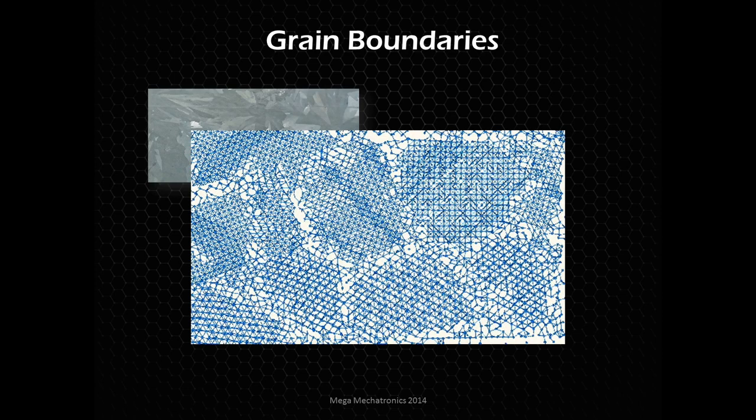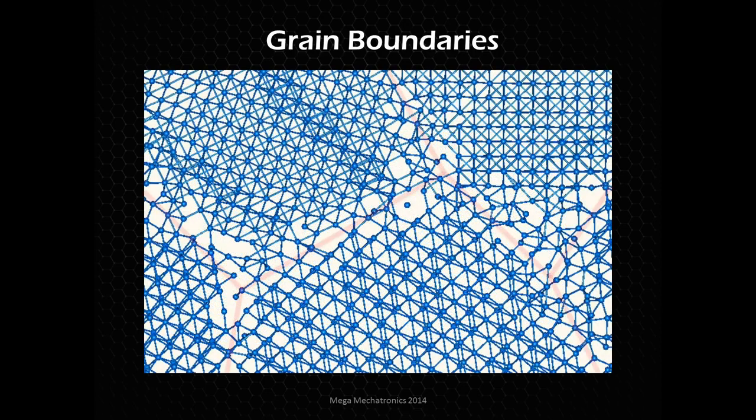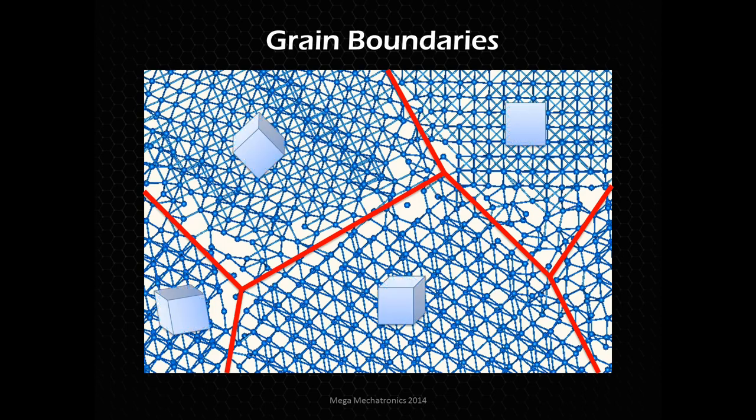Looking at a computer-generated model, you could see the crystal structure, a uniform grain, and then those grain boundaries around there. We'll zoom in even closer, outline those, and give you an idea of the different orientations. And the size of the grain is definitely important.